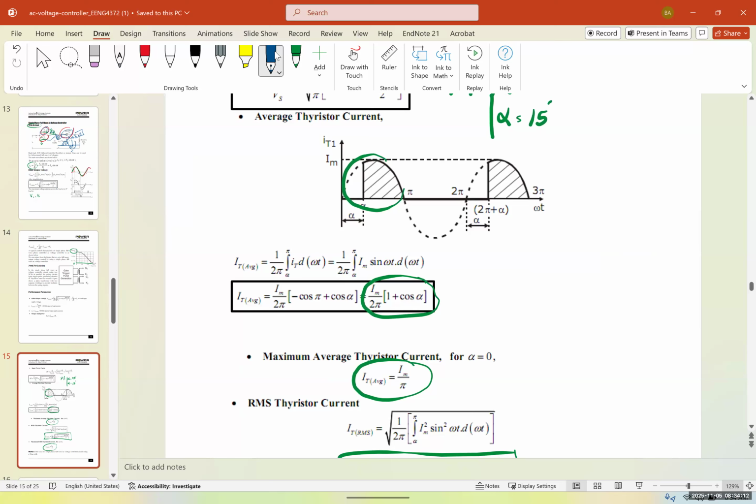Now let's find the average current for a thyristor at alpha equal to 45 degrees, and also alpha equal to 90 degrees.